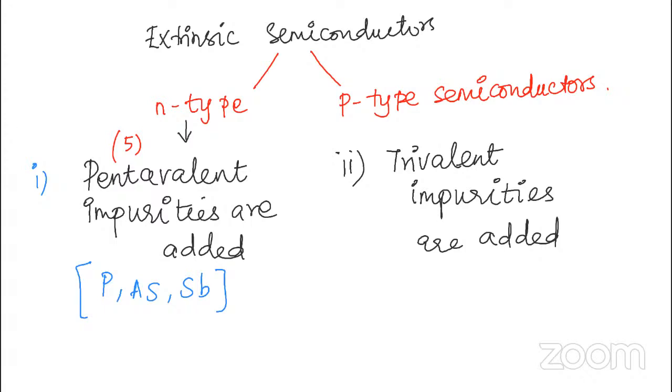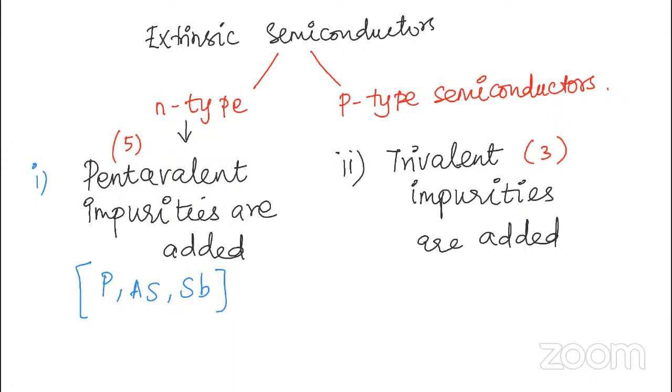So for problems, they either give only the examples, or they directly tell you the number of atoms to be added. At that time keep in mind that 3 represents trivalent and 5 represents pentavalent. But we should know how many atoms trivalent has, and how many atoms pentavalent has to be added.